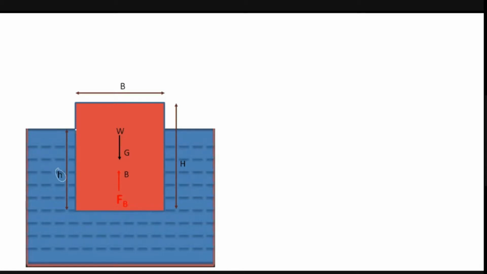The fluid displaced by this object is the volume of the immersed part of the object, that is b into small h into the length, the dimension perpendicular to this plane of projection.